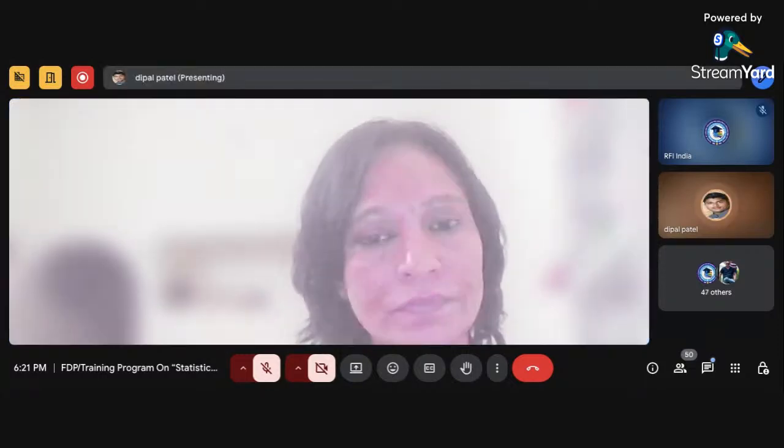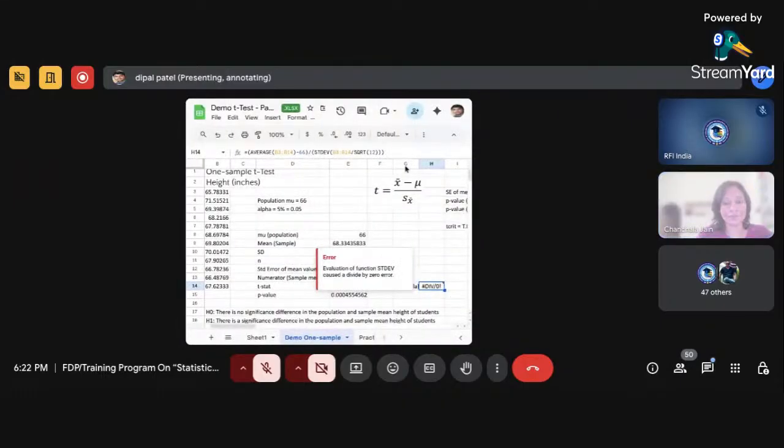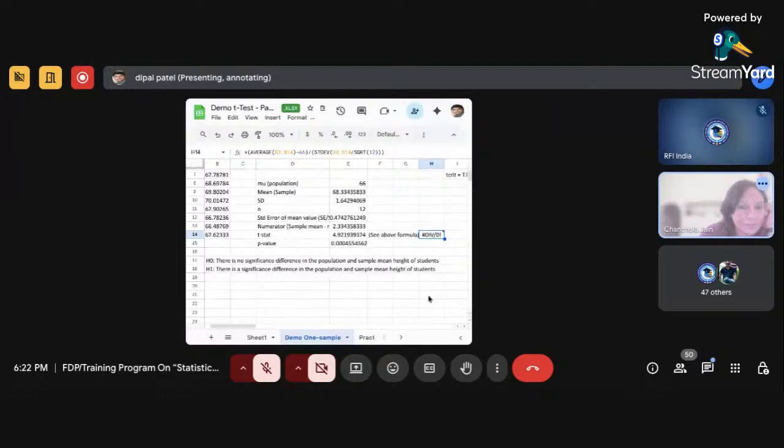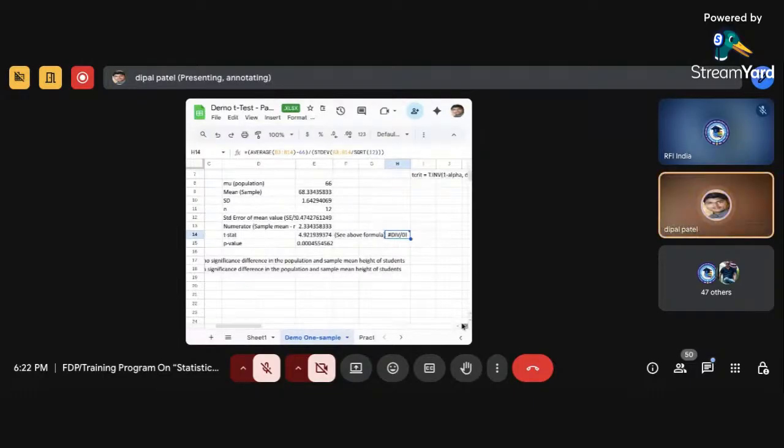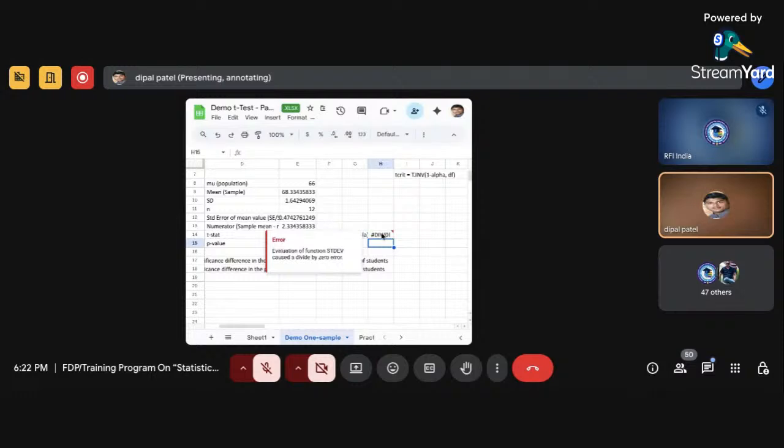Is it visible, ma'am? Okay, now in this formula, I think something is missing. One extra bracket you have given at the end, maybe. Again, click on this.